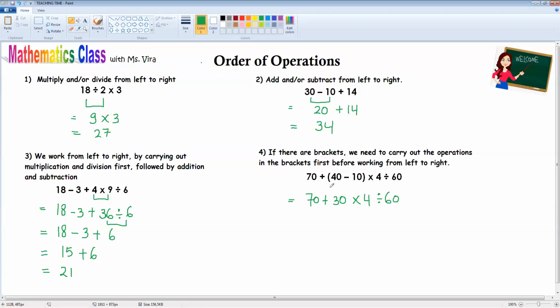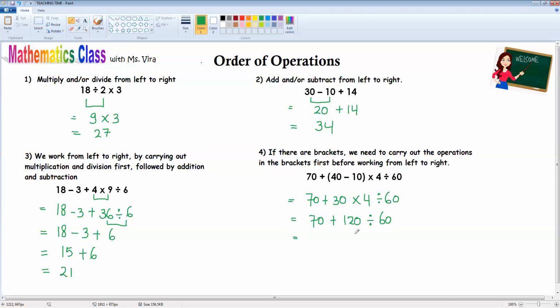Now, in here you can see it's add, multiply, and divide. Again, rule number 3, we need to carry out multiplication and division first. So, we need to write 70 plus 30 times 4, it is 120, divided by 60.